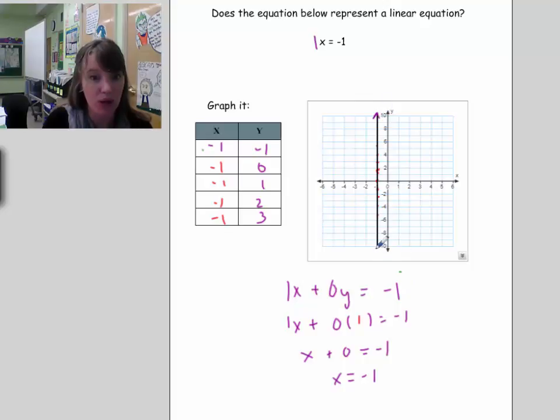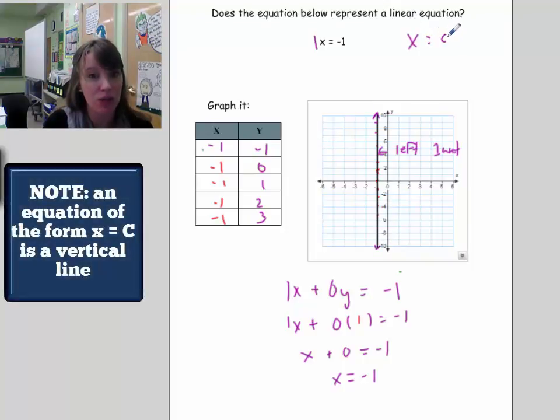So every point along this line has an x-coordinate of -1, and it has a horizontal distance of left by 1 unit. So all of the x-coordinates here have the same value, which is -1. So it turns out that x is equal to a value, some constant here, means it is a vertical line.